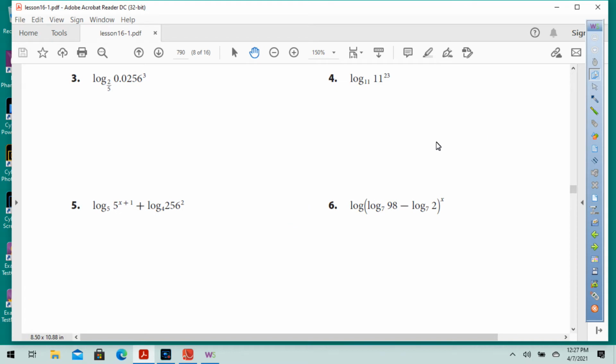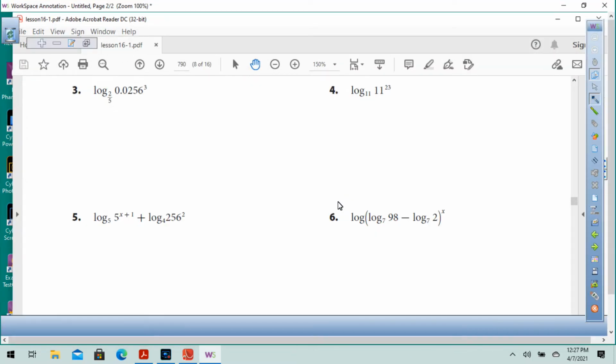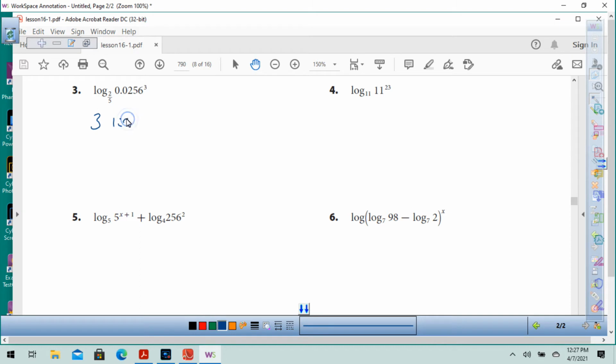Number 3, log base 2/5 of 0.0256 to the 3rd power. I'm going to move that up front, and that's going to be 3 times log base 2/5 of 0.0256.